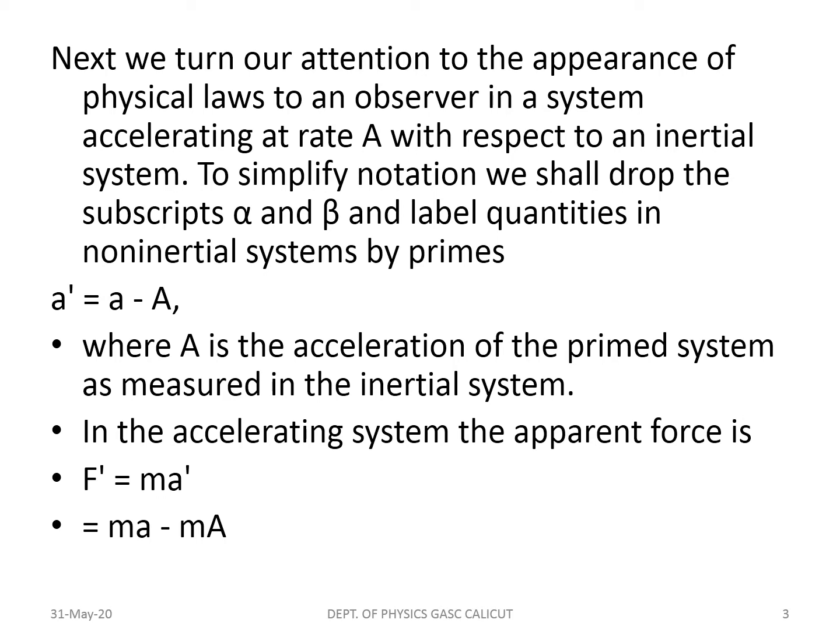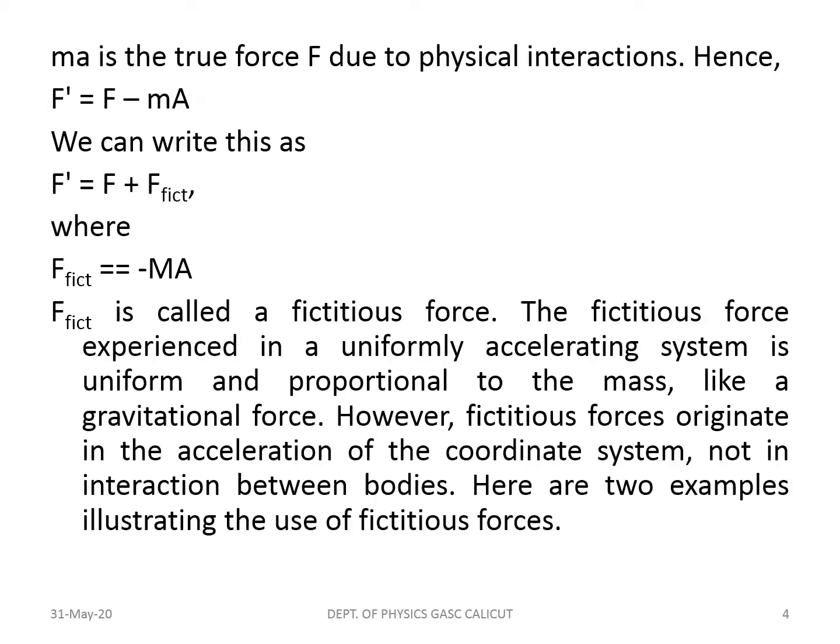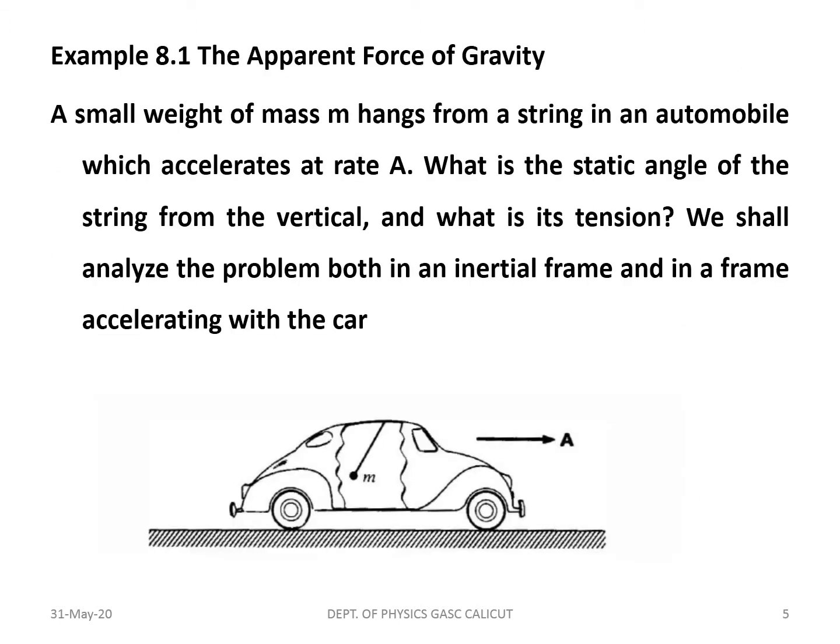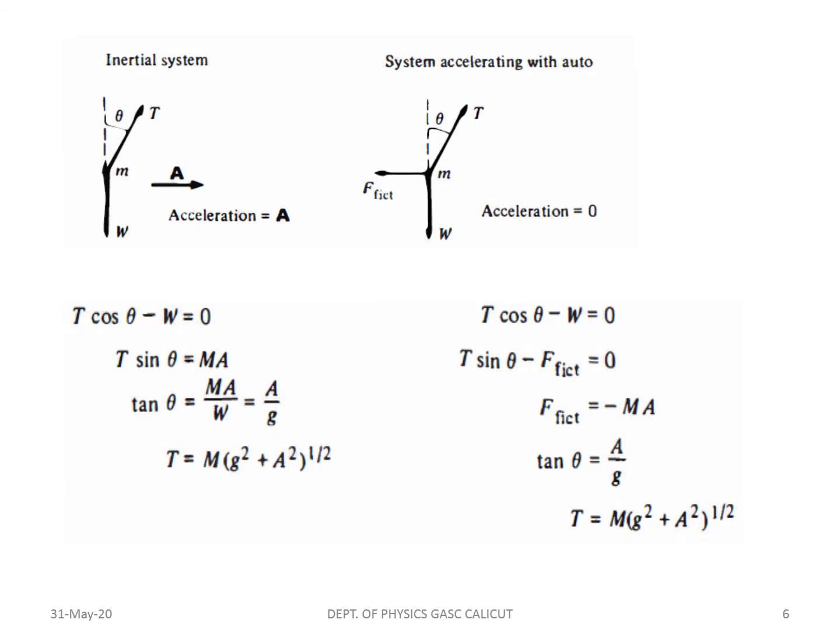For example, if I have a car moving with acceleration A, and there is a pendulum inside the car, let us find the angle which the pendulum makes with the vertical. If we measure this from an inertial frame, the first frame, then you are looking at the string or the pendulum from outside the car, and the car is accelerating in the x direction.